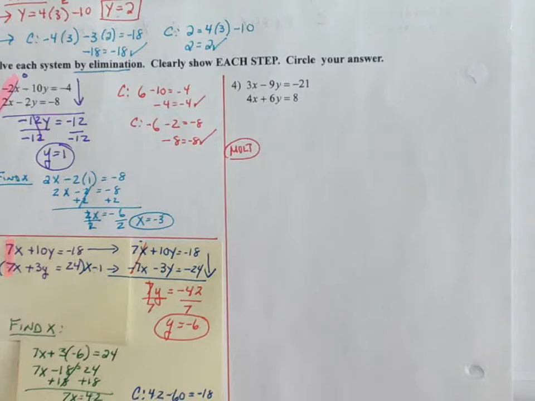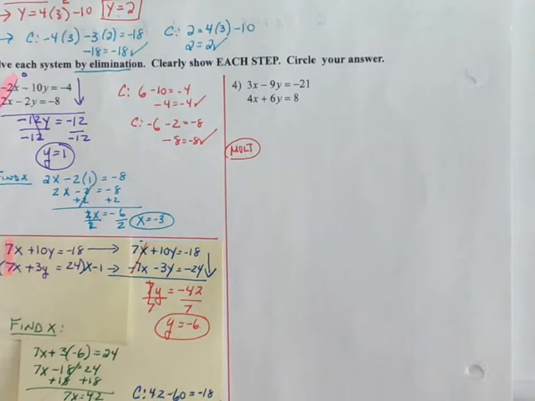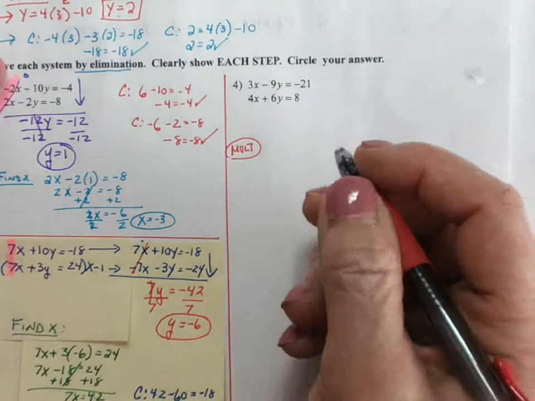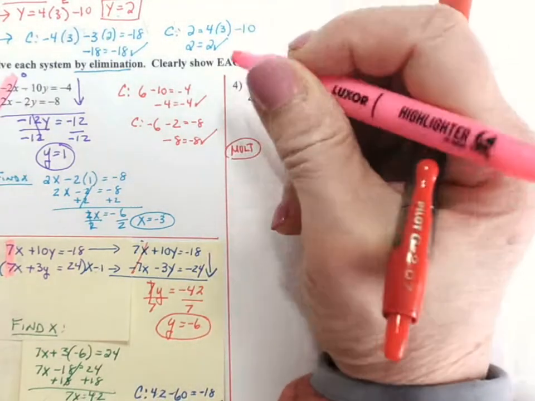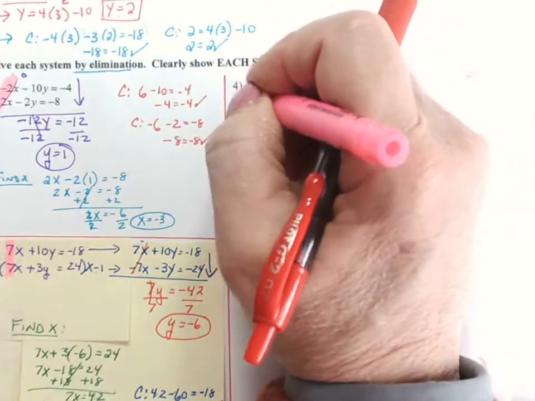It's a multiplication method because I look at the coefficients of x and y and then I decide how to eliminate one variable. And when in doubt, look at the x.